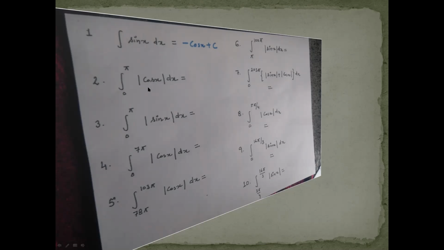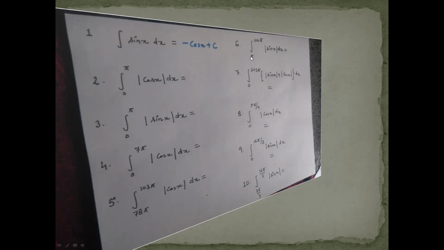Similarly, the other questions: integration 0 to pi modulus of cos of x dx, integration 0 to pi modulus of sine of x, integration 0 to 7 pi modulus of cos x, integration 78 pi to 103 pi modulus of cos x dx.